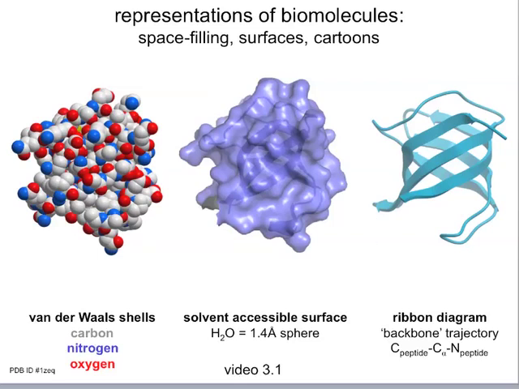So those are our standard representations. All of them have their advantages and disadvantages. And frequently, although I haven't drawn it here, the solvent accessible surface is also color coded according to electrostatic potential. So again, as with this representation, you get a sense of where the charge on the molecule might be.